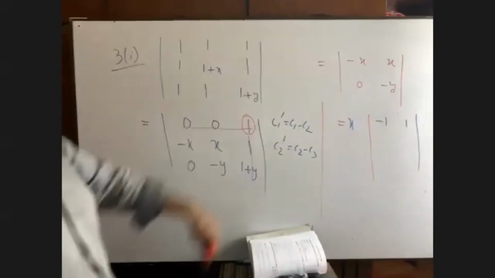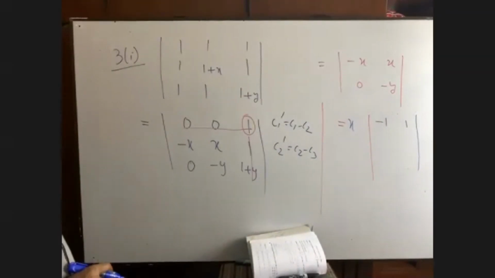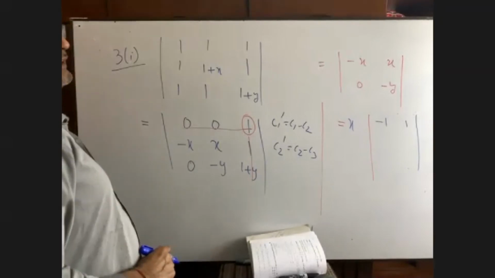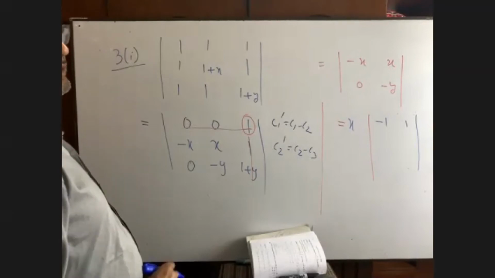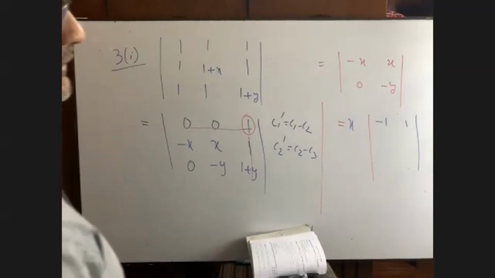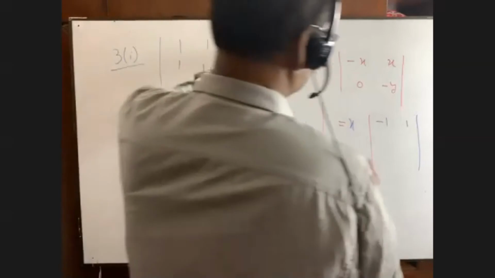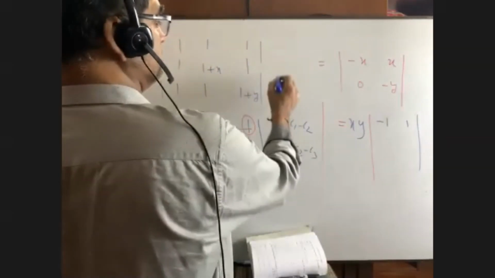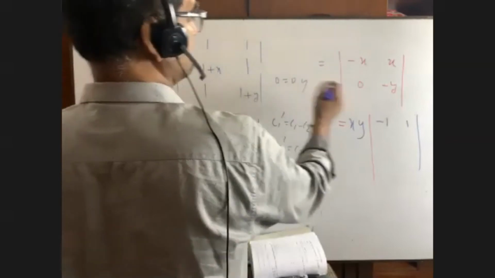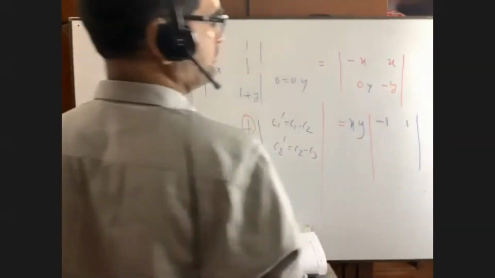Okay, now what can be taken common from the second row? Nothing. Is there anything here to take common? No, sir. But there is. Sir, can y be taken common? Why? That day I told you, 0 can be written as 0 into y. Suppose it can be written that it is y. 0 into y equals y.